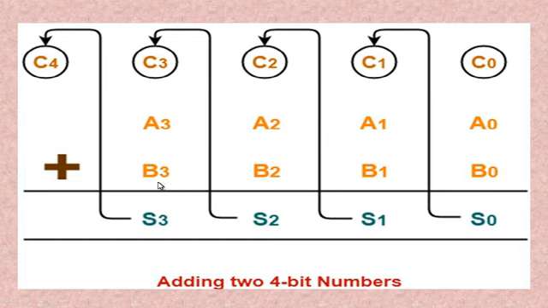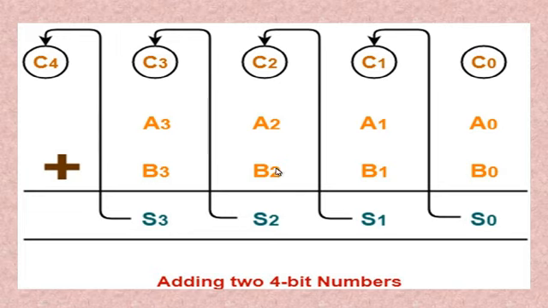In the same way for addend B3, B2, B1, B0, and the resultant sum represented with letters S3, S2, S1, S0, and the carry generated is written here. Initially there is no carry, but we have to write here carry C0, C1, C2, C3, C4.